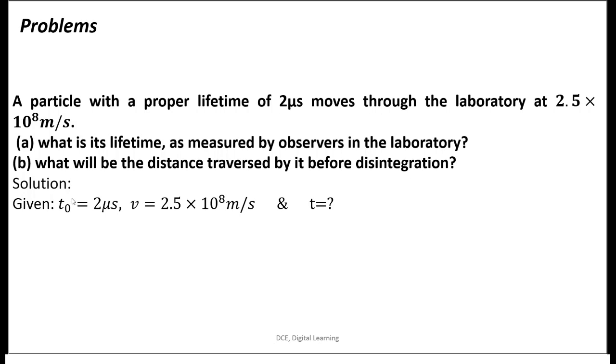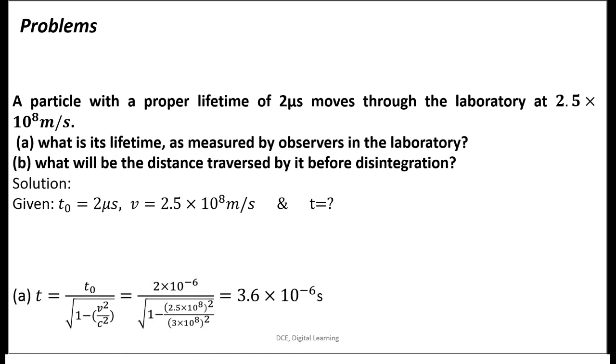Solution. Given: T naught, the proper time interval, is 2 microsecond. V, the velocity of that frame of reference, is 2.5 into 10 to the power of plus 8 meter per second. We need to calculate the time, that is the lifetime measured by the observer in the laboratory.